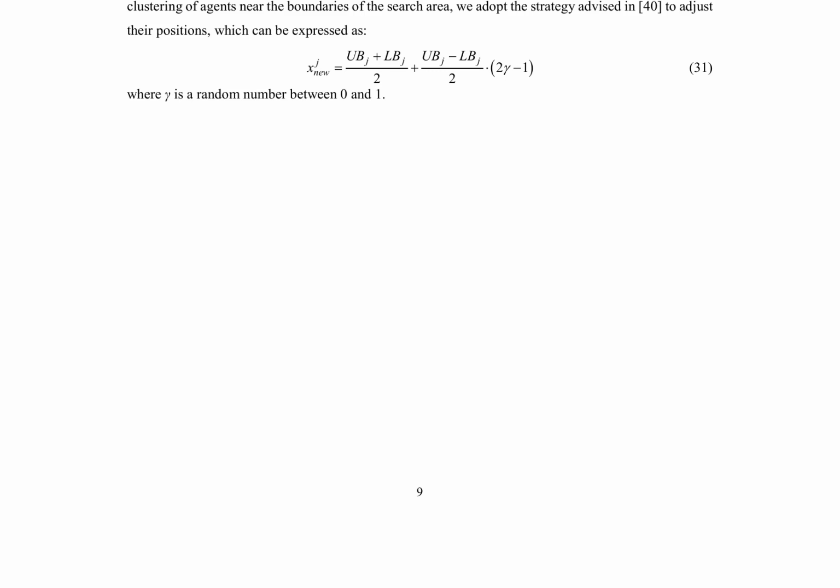The application procedure of TERIME is also discussed, highlighting the need to adjust agent positions to prevent early convergence issues near the search area boundaries. This is achieved through the strategy expressed in equation 31, which involves adding a random component to the new position. This refined approach improves the algorithm's efficiency and accuracy in solving complex optimization problems.